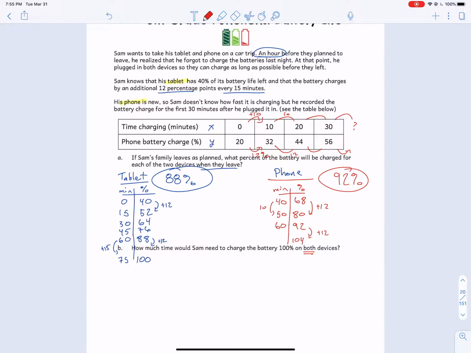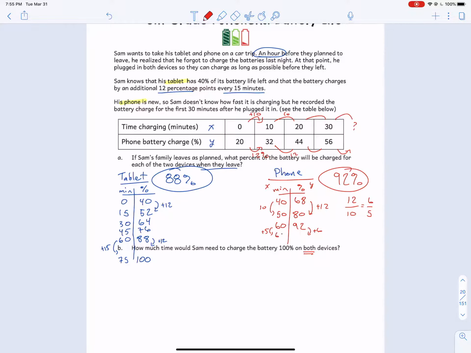Let's see if we get a ratio. So this is y, this is x. Remember, slope is the change in y, which is 12, over the change in x, which is 10. So if we simplify this, we get 6 over 5. Okay, so 6% every 5 minutes. So if we add 6%, then we add 5 on the other side.